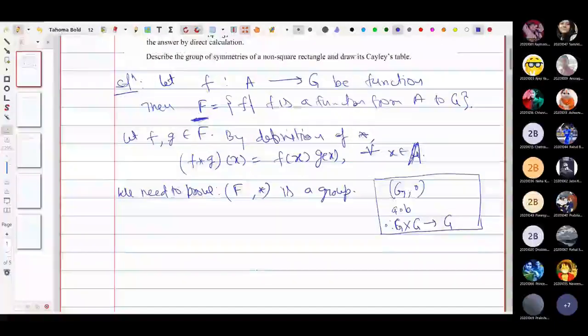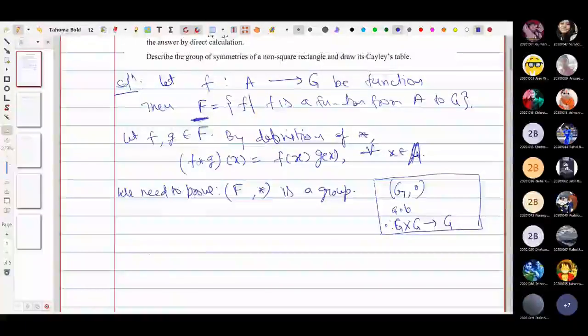We need to prove that this operation star is closed, it is associative, and there is an inverse of each element, and there is an identity also.